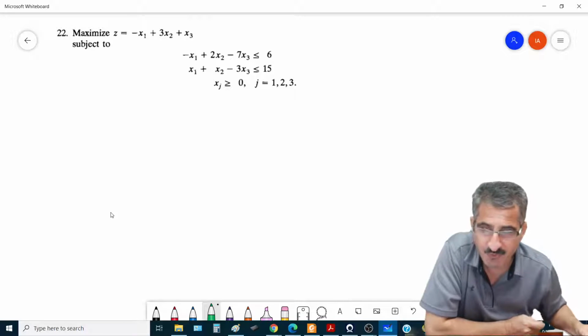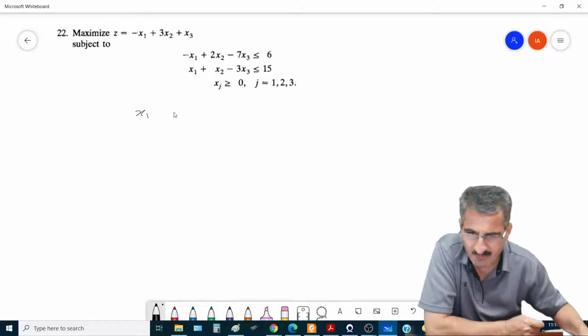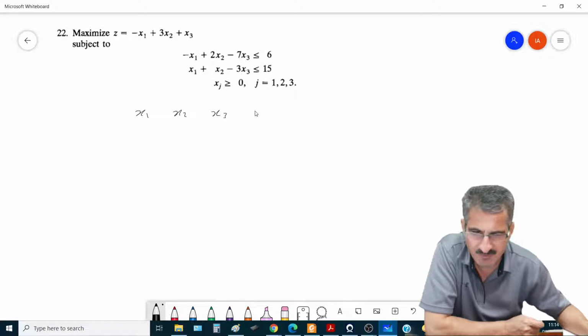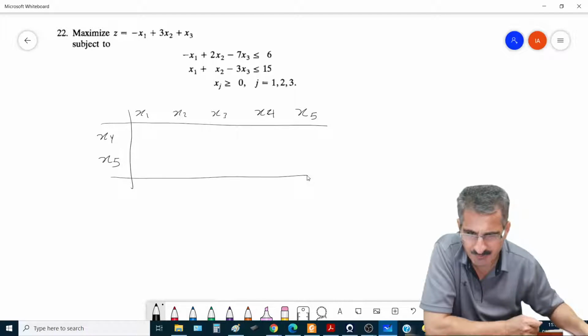So we will have two slack variables, right? So we will have x1, x2, x3, and now the slack variables are x4 and x5. So we'll have here x4 and x5. I will do that quickly, because you know how we get all of that.